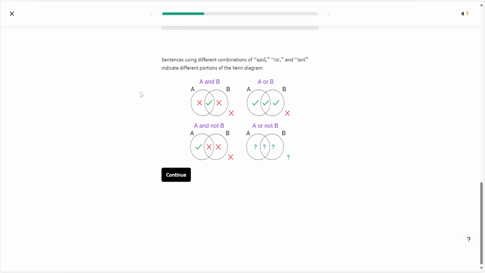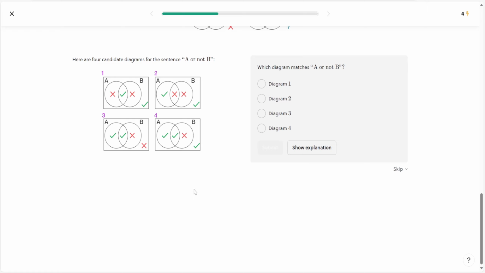Sentences using different combinations of and, or, and not indicate different portions of the Venn diagram. Here are 4 candidate diagrams for the sentence A or not B. Right, okay.